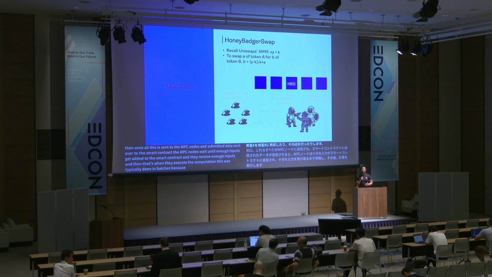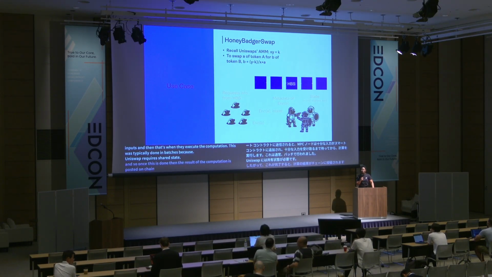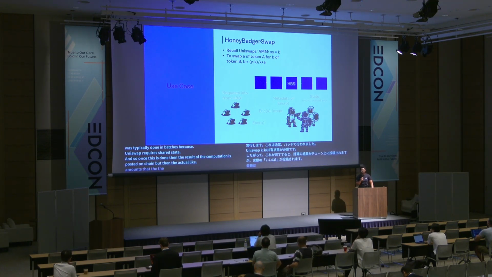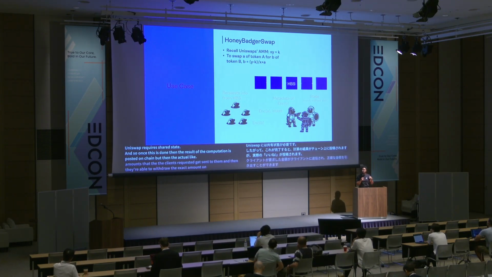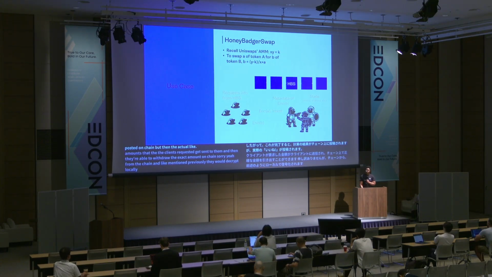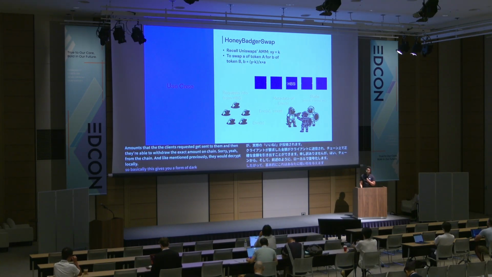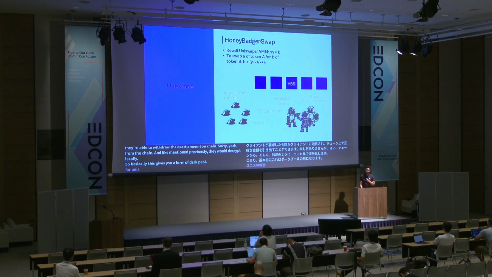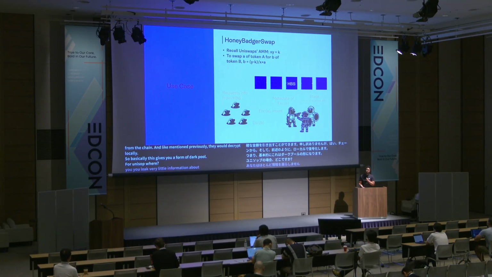Once this is done, the result of the computation is posted on chain, but the actual amounts that the clients requested get sent to them, and then they're able to withdraw the exact amount from the chain. And like mentioned previously, they would decrypt locally. So basically, this gives you a form of dark pool for Uniswap, where you leak very little information about what you've traded and how much you've traded.